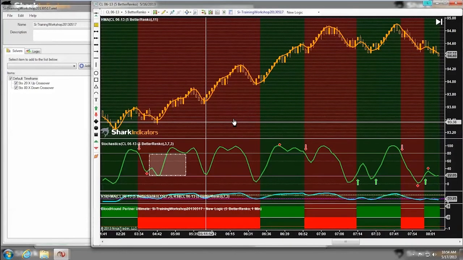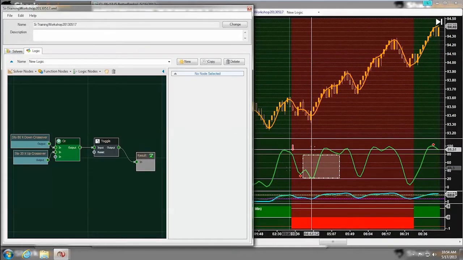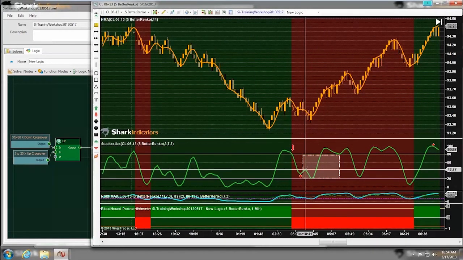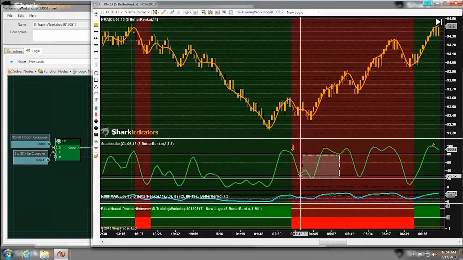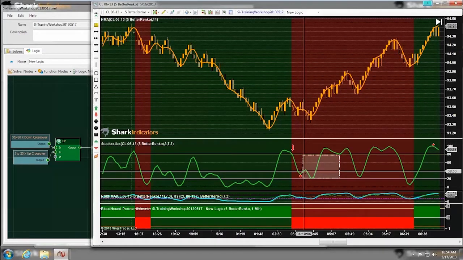Let me slide this over here. Okay. So what we have to do is we have two conditions going on here. So we have to build both of these conditions and join them together. One condition is we can look at this inflection point, or we could look at the slope of the indicator and use the slope of the indicator.